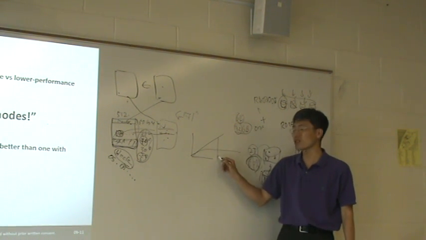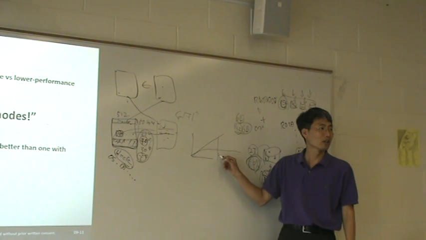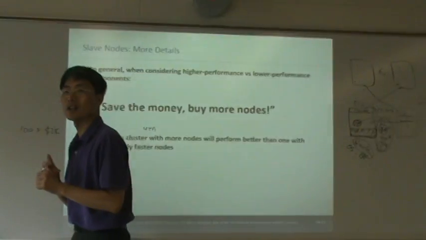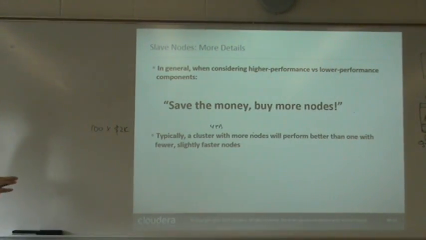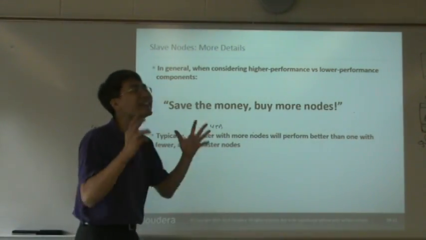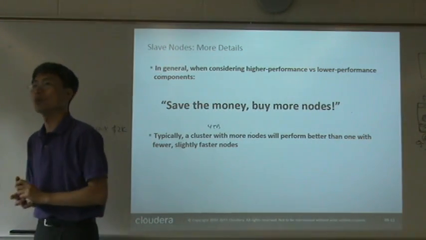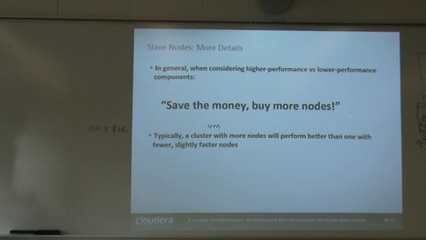This one is more complex. The more nodes you have, the more complex it gets, like network congestion and so on. But in Hadoop, ideally, it's linear. So sometimes there are more than several thousand nodes in one Hadoop system.